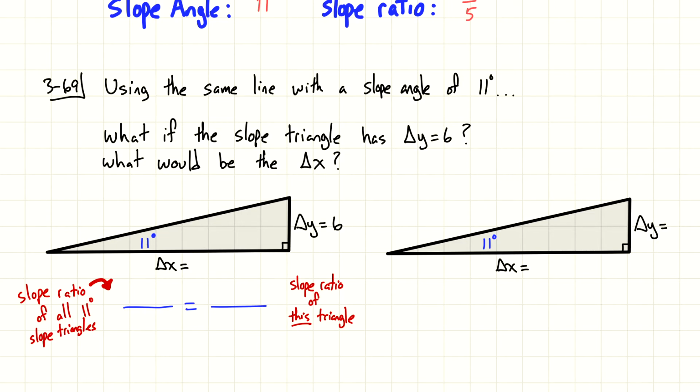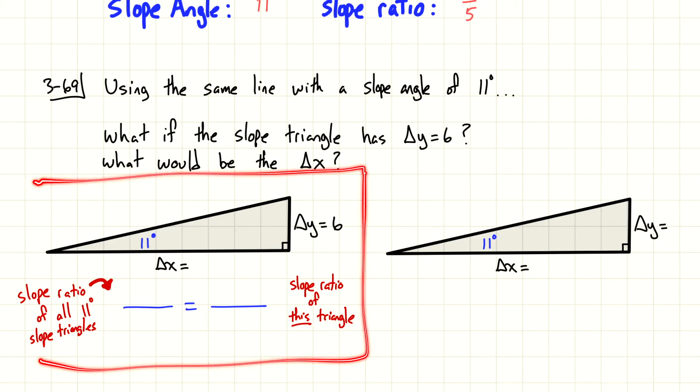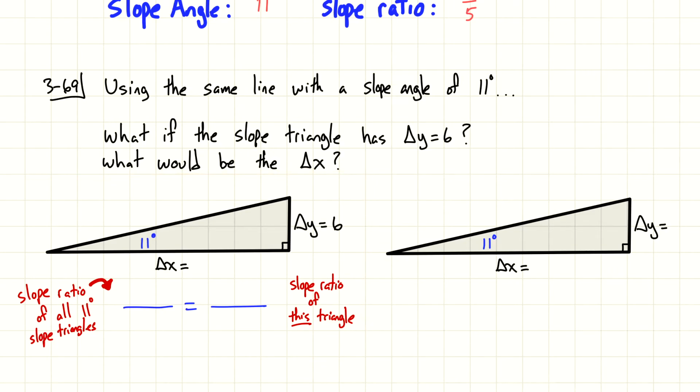All right, so the first one, I'm going to focus on the left side here. Here I have a slope triangle. I've already labeled it 11 degrees. So this is the same as the problem above. But in this case, they already told us we have a rise of 6, a delta y of 6, or a change in y equal to 6. But I want to know what delta x is.